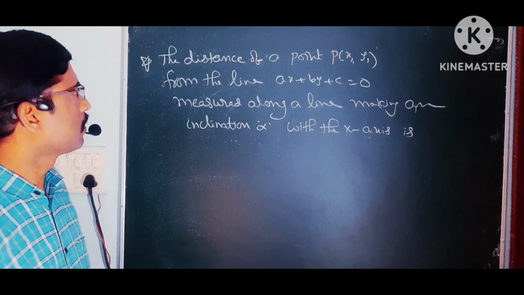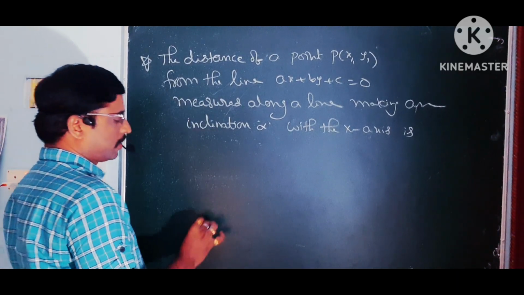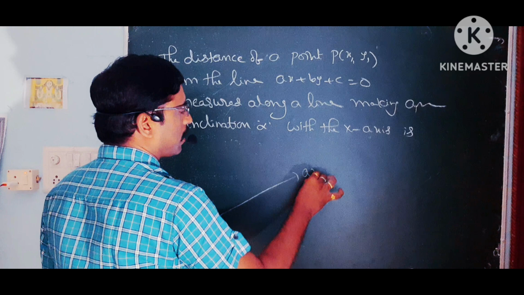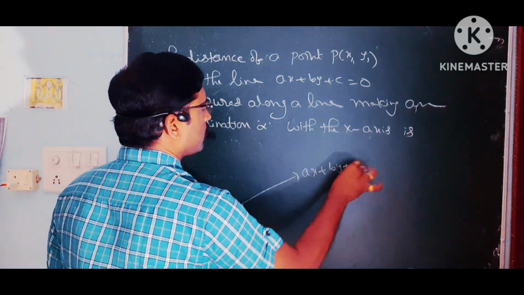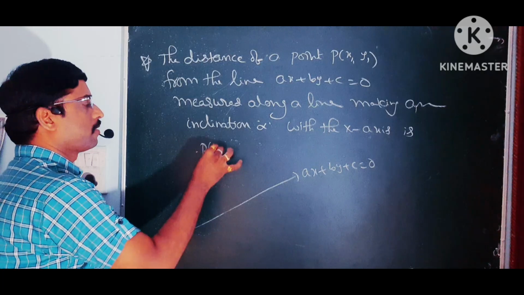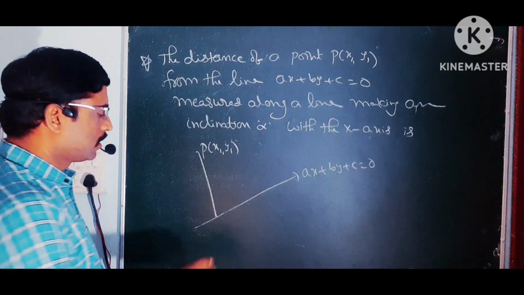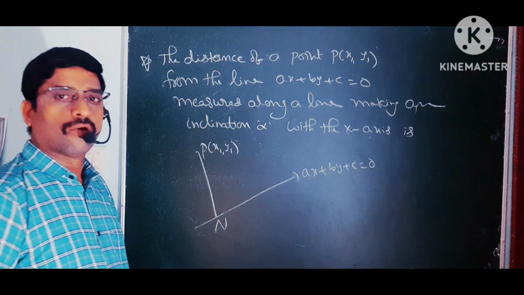Now let me explain an important point. The distance of a point from the line, I am taking the line ax plus by plus c is equal to 0, from P(x1, y1) to the line. What is the distance?